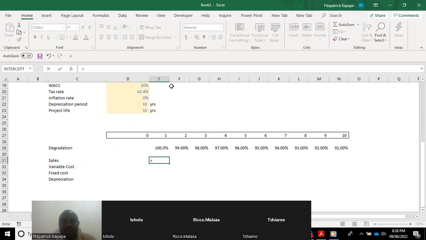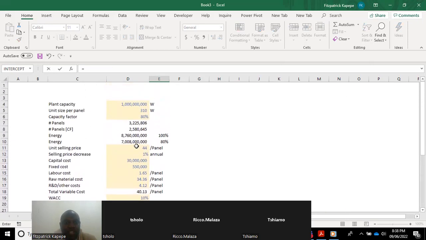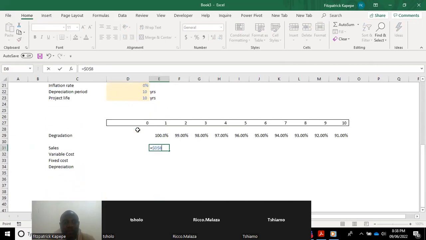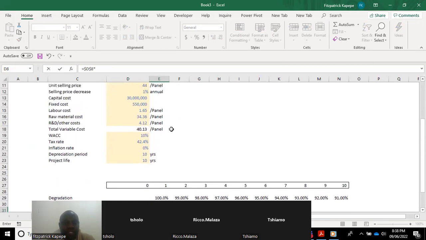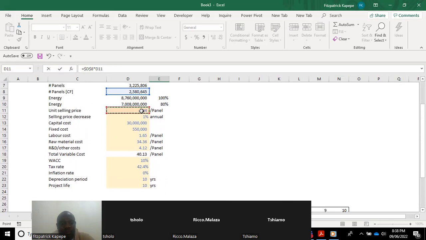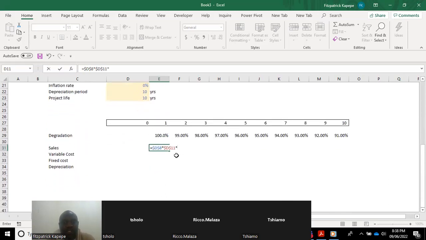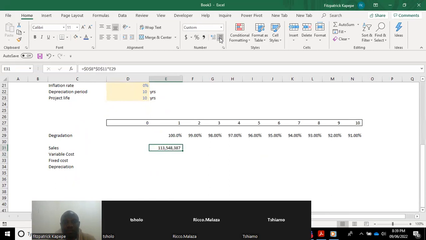So on sales, we are saying we have 2,500 panels there that are active, times the rate, which is 44 somewhere up there, 44 per panel, times the rate, which is 100% there. And I'll take these numbers up to there.